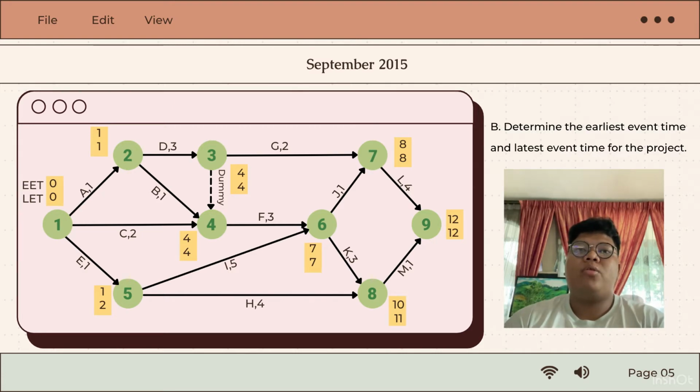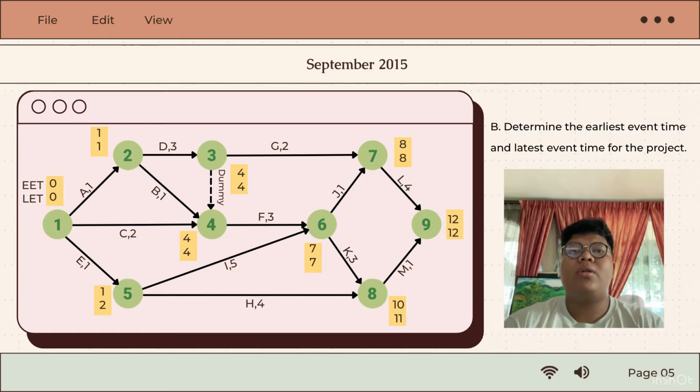From path 9 to path 8, 12 minus 1 equals 11. From path 9 to path 7, 12 minus 4 equals 8. Move along to path 6. They have 2 tails, which are from path 7, 8 minus 1 equals 7, and path 8, 11 minus 3 equals 8.